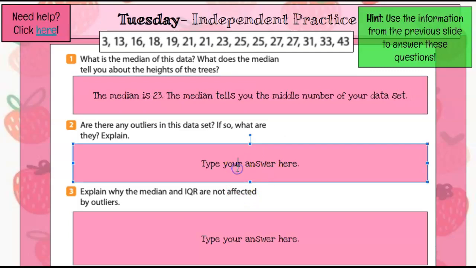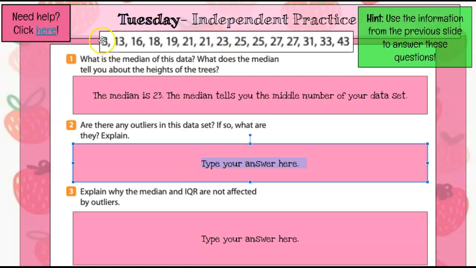Are there any outliers in this set of data? So remember, an outlier is a number that's pretty far from the rest of the numbers. So if 23 is our median, it goes down to 13 and then 3, and then it goes up to 33 and 43. So from 13 to 33, those are each about 10 away from the number 23, okay?